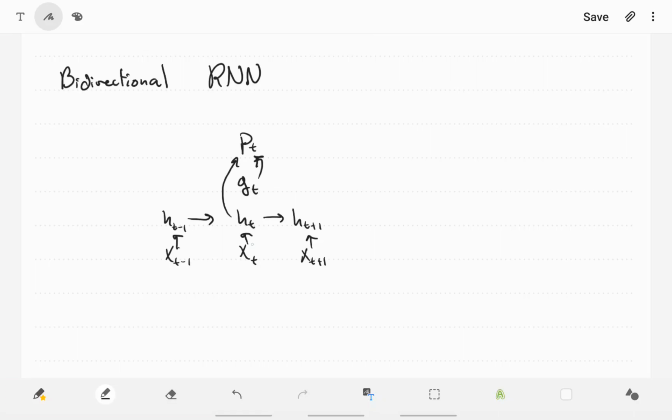We're also going to have g sub t, which is also a function of its inputs. So we have g sub t plus 1, also a function of its inputs, and g sub t minus 1 is also a function of its inputs. But it's also going to be a function of each other, but in the opposite direction. So g sub t plus 1 is going to feed into g sub t, it's going to be input for g sub t, and so on. And now both of these are, of course, used for the prediction, p sub t plus 1.